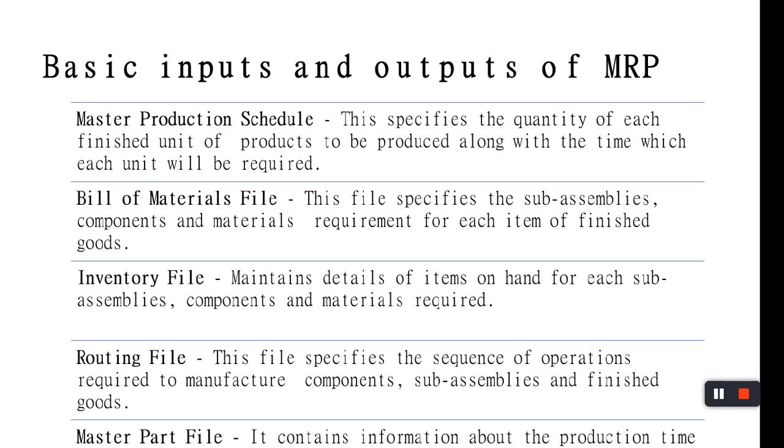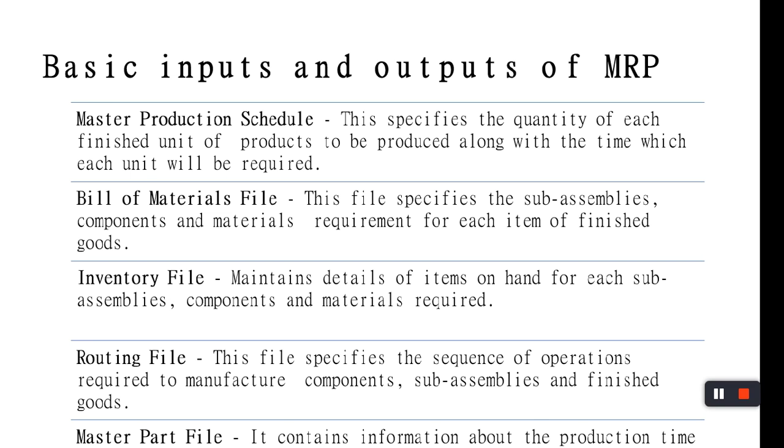On week 2, how many finished units or finished goods should we produce? In week 3, and so on. So this will be our master production schedule. Okay, so it will tell us how many units of our finished goods are required to be produced within a specific time frame.